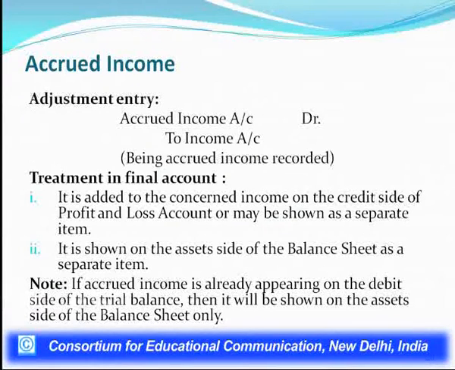So we add this accrued income to the profit and loss account on the credit side in the respective item, and the second time we show it on the asset side of the balance sheet as a separate item under current assets, because it will be receivable within a year, so it is a current asset. If any accrued income is already given in the trial balance, it means that the adjustment has already been made and we have to show it directly on the asset side of the balance sheet.